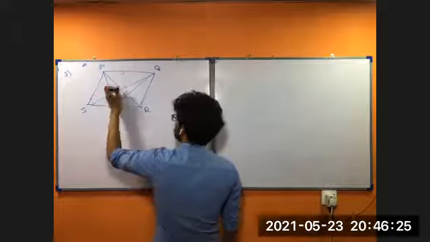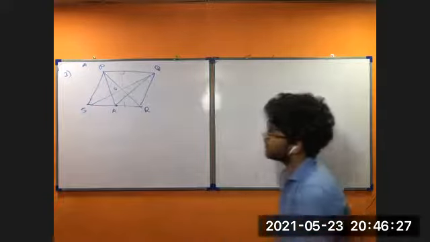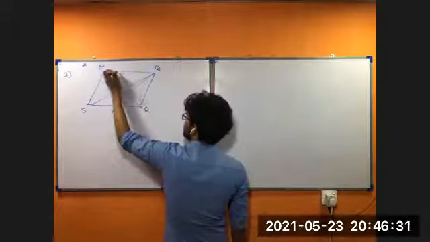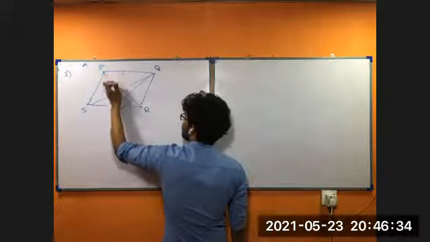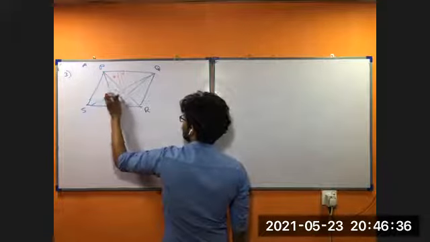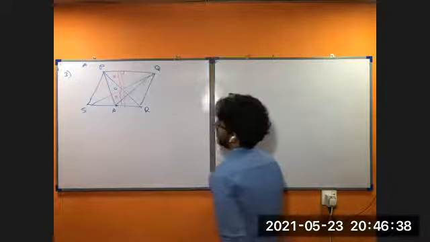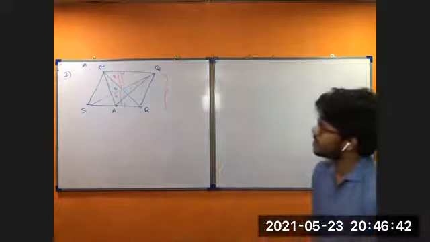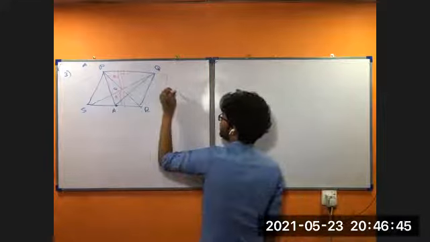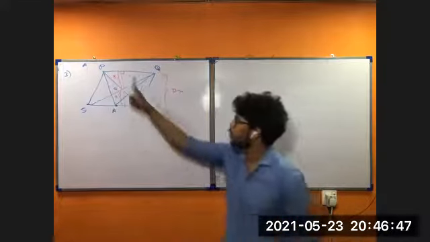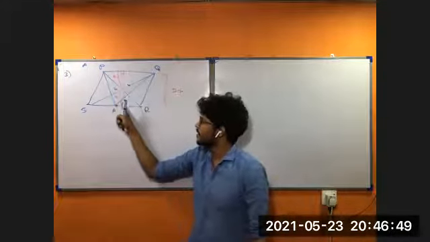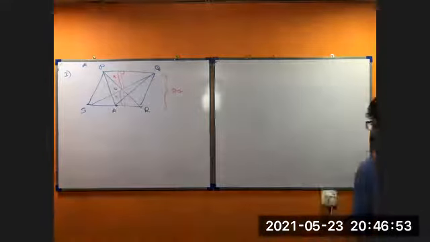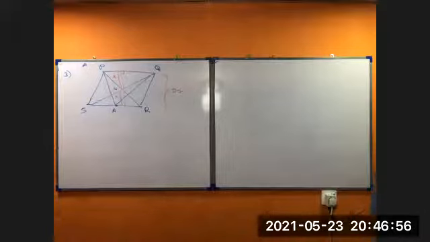And in the same way, the perpendicular heights are also going to be the same. So if the perpendicular height from here to here is x, the perpendicular height from here to here is also going to be x, right? So the full length of this is going to be 2x. From here to here it is x, and from here to here it is x. Then the distance between the two parallel lines is going to be 2x, right?